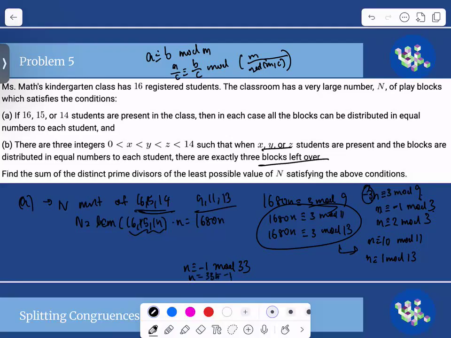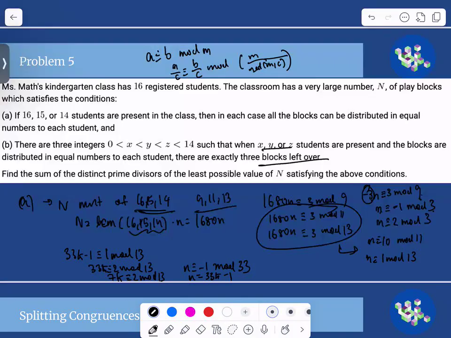Plugging this into our other congruence, n is congruent to 1 mod 13, which means that 33k is congruent to 2 mod 13, which means that 7k is congruent to 2 mod 13. We did that because 33 is 2 times 13 plus 7, so 33 is congruent to 7 mod 13.